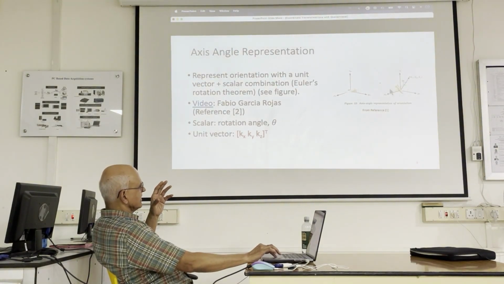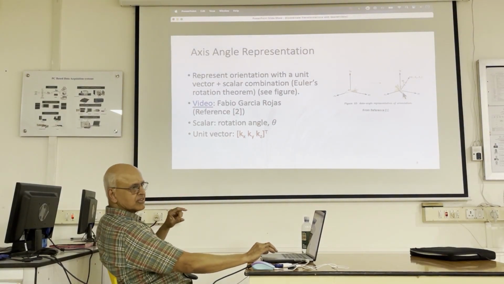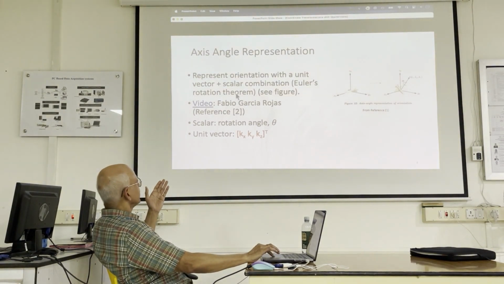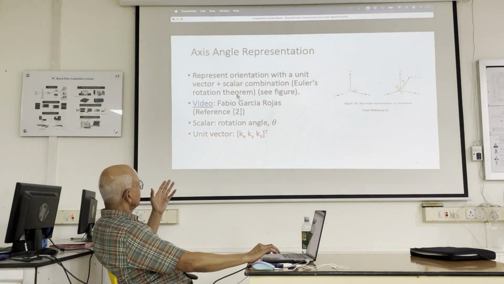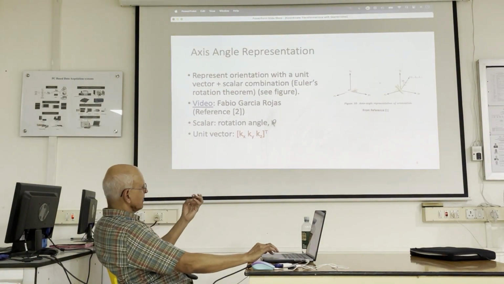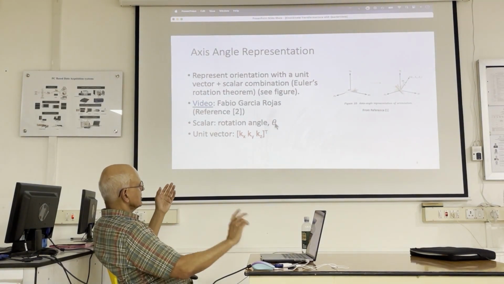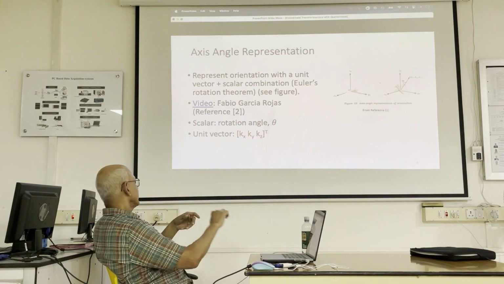If you take this and find that axis and rotate about this angle, you'll end up in the new position. So that's what the Euler rotation theorem figured out. Now, the scalar is the actual amount of rotation. It has both positive and negative sign possibilities. Positive would be one way, negative would be the other way.